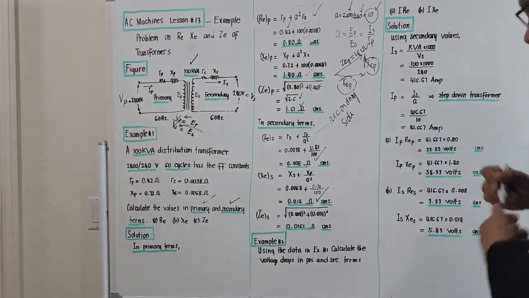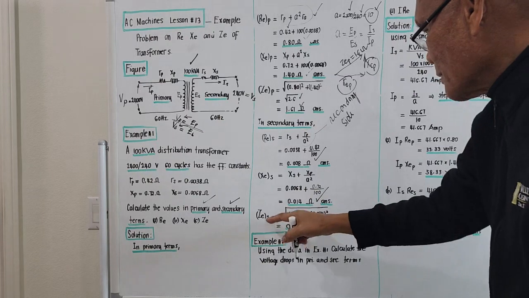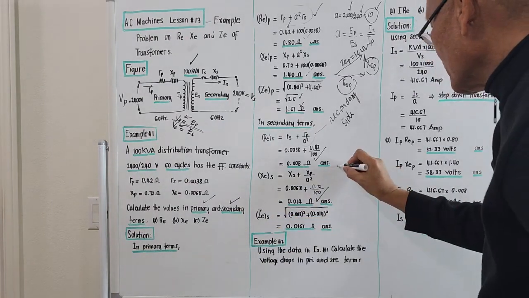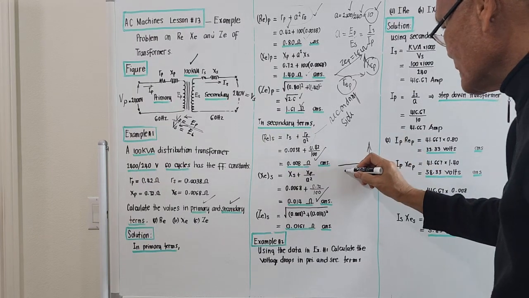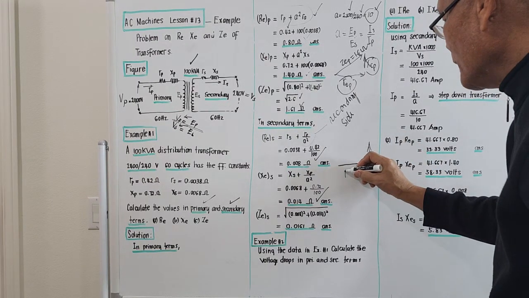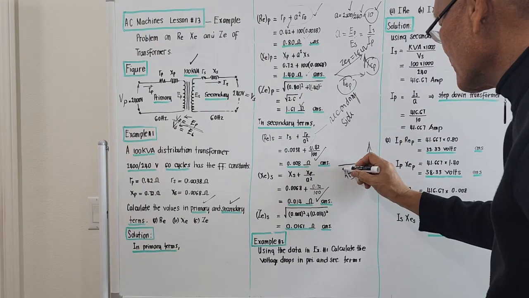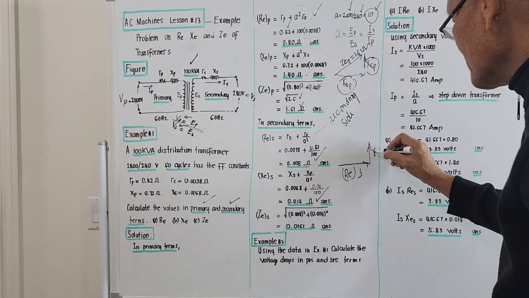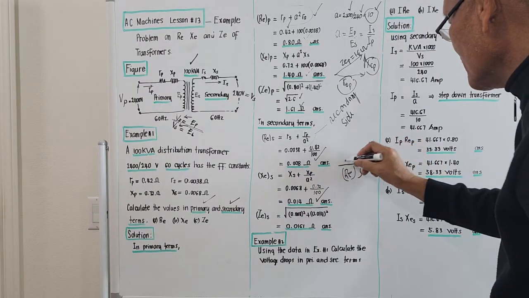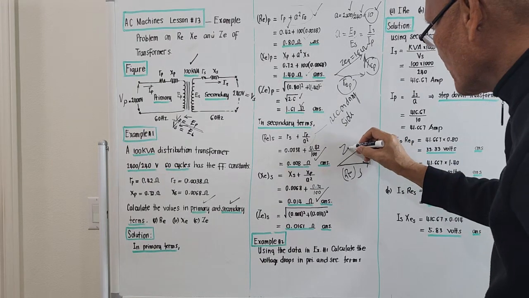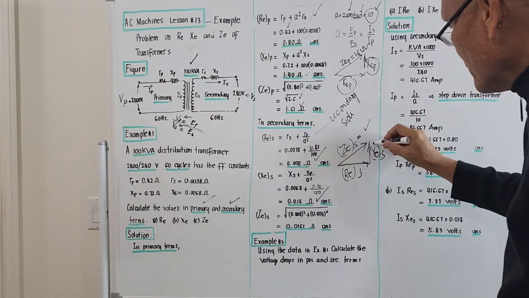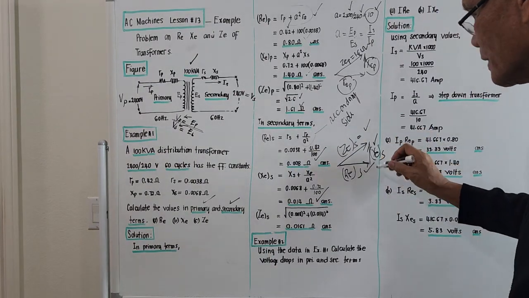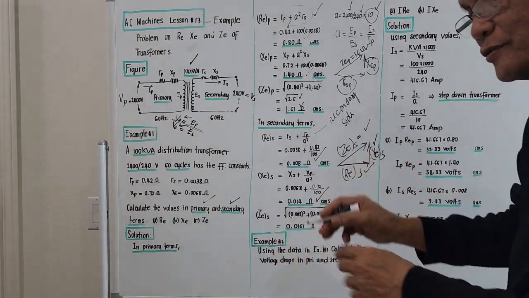Again, for the equivalent impedance referred to the secondary, draw your vector diagram, right? This is R_E with the subscript S. This is X_E with the subscript S. And this will now be the equivalent impedance referred to the secondary. We are given this value and this value. We are just interested in the magnitude.